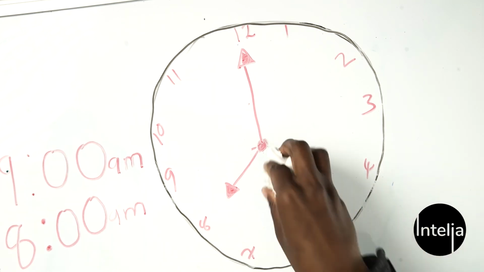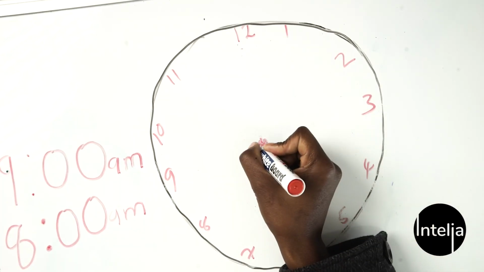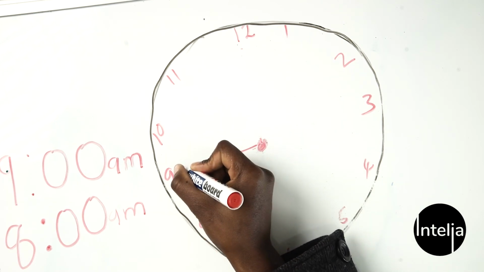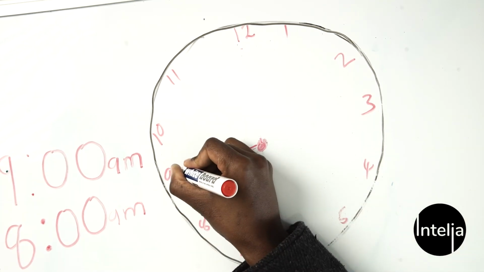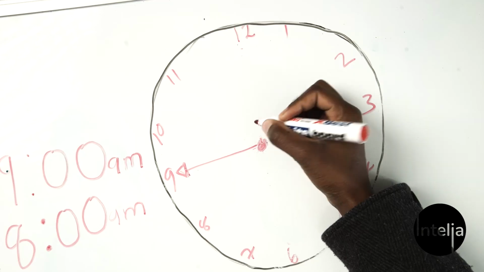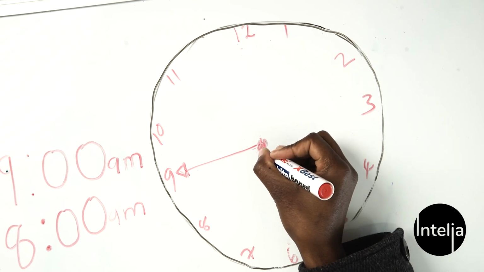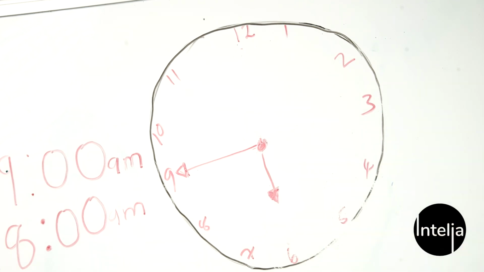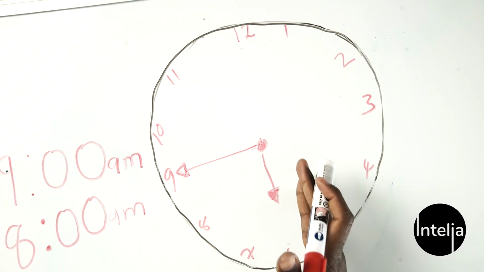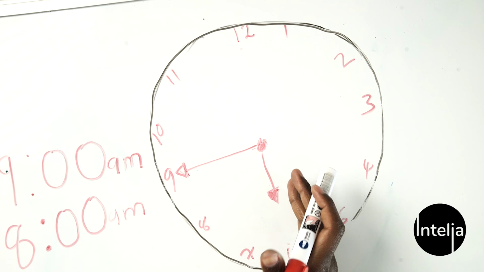Let's do another example. Our hour hand is pointing at 9, and then our minute hand is pointing at 6. Remember, we did the half past, so as you can tell here, it's 9:30 AM.